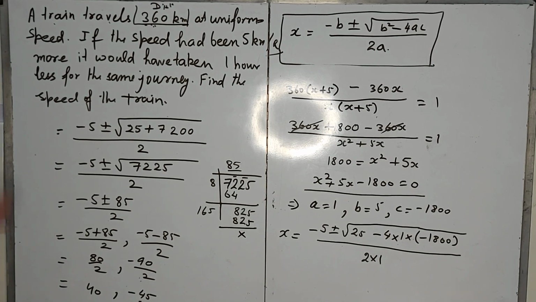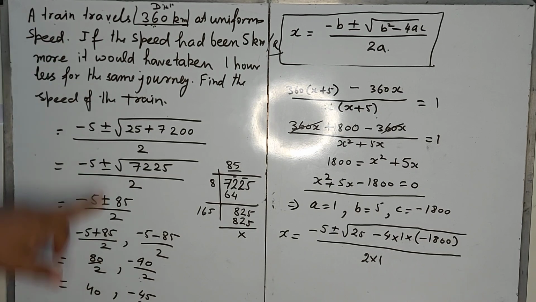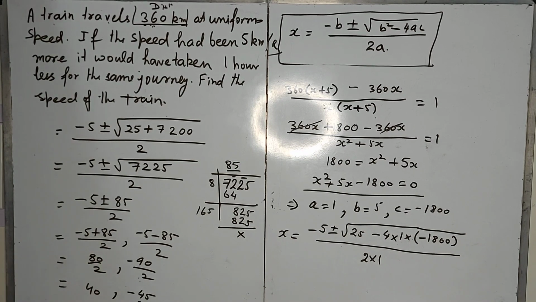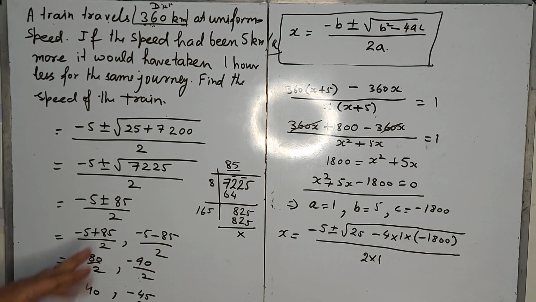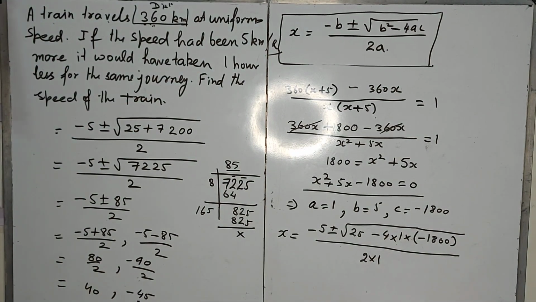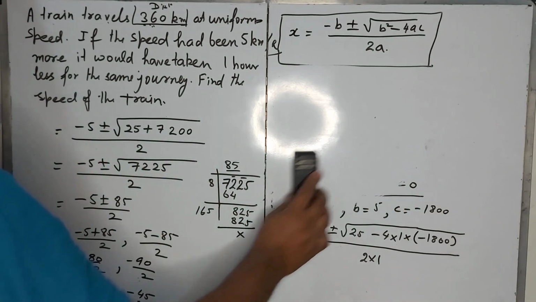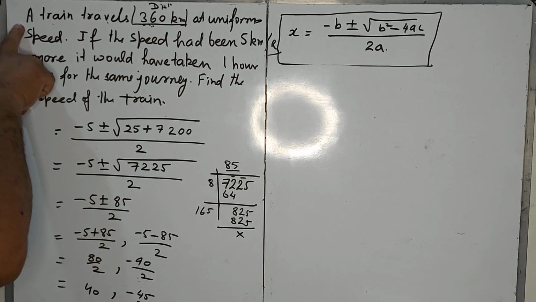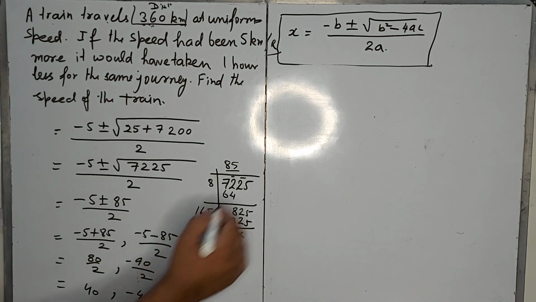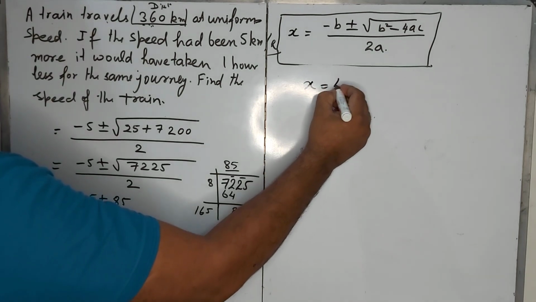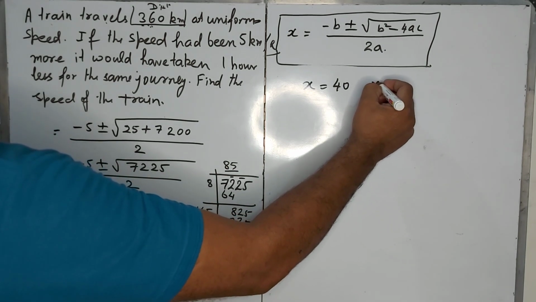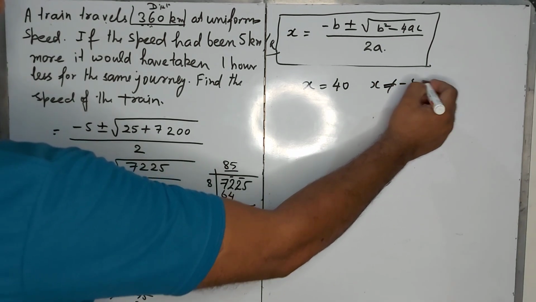Now come to the question. Here is a train. Can a train have negative speed? I think no. And you also think no. Therefore, the solution of this quadratic equation under this special condition is only x is equal to 40, because the speed of the train cannot be minus 45.